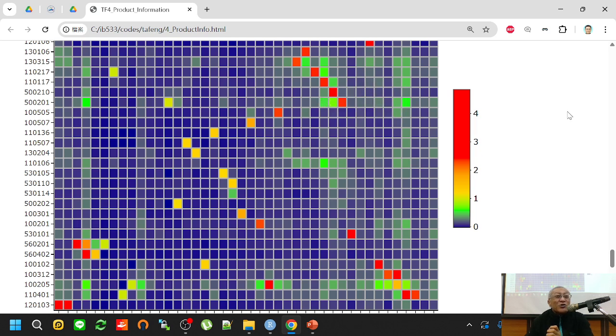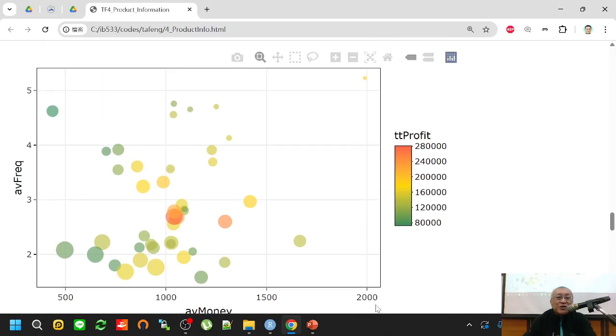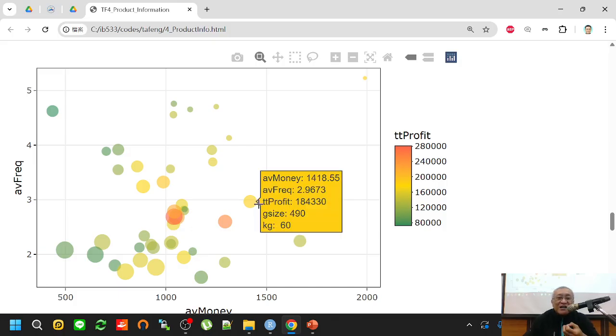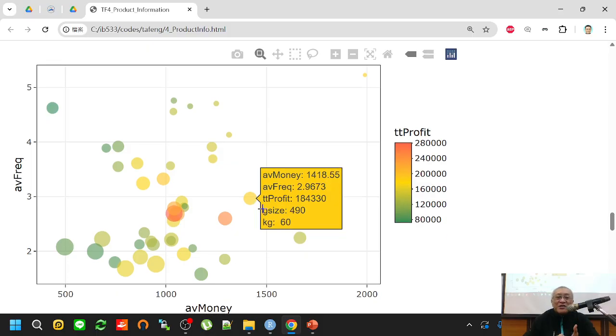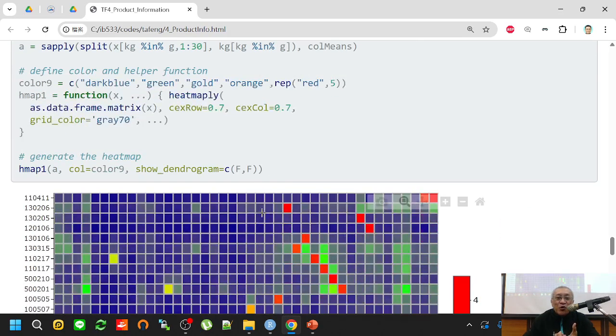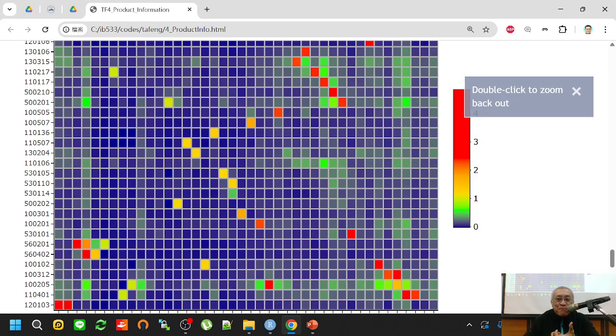So in this way, we group customers by similar buying pattern, so that we can select a group of profitable customers and, knowing their buying pattern, it helps us do our marketing design.